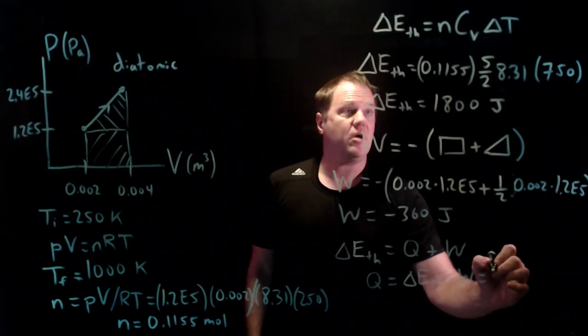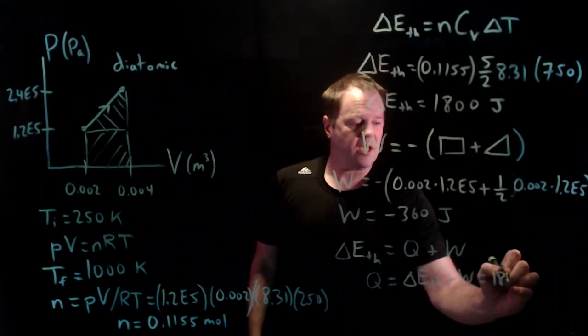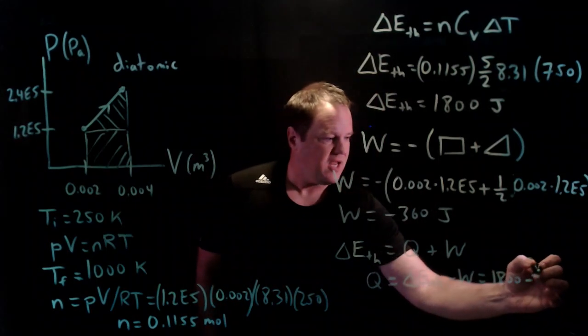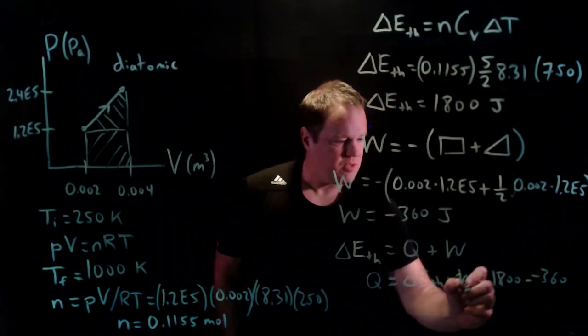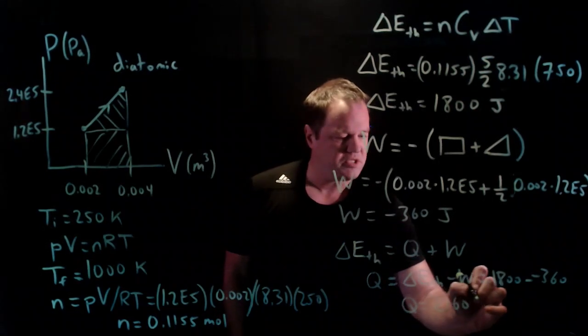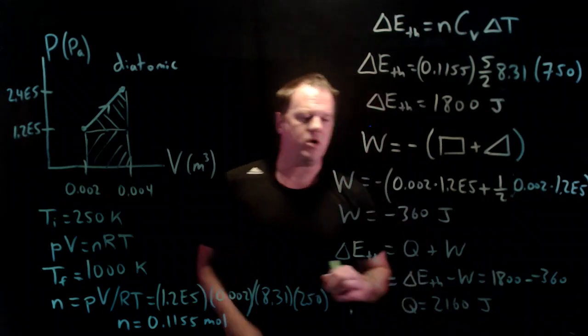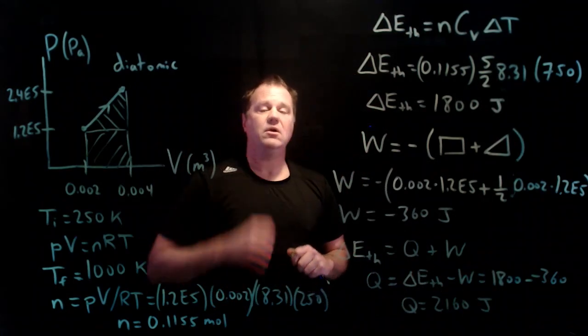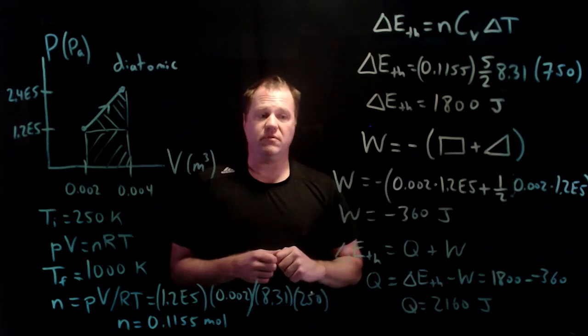We throw in the numbers, 1,800 minus negative 360. So we had to have 2,160 joules of heat input in order to have output of 360 joules of work and get a net gain of 1,800 joules of thermal energy.